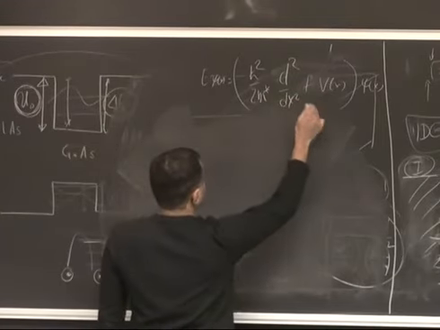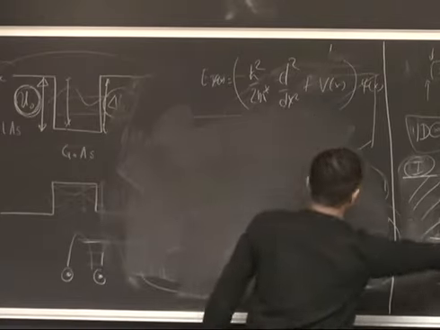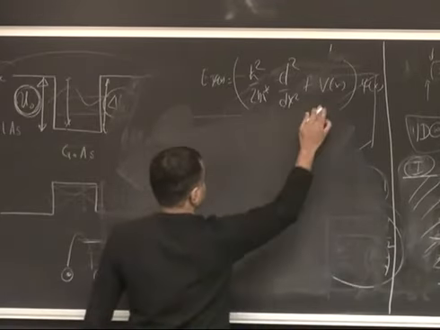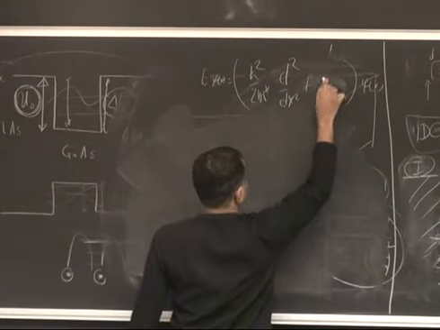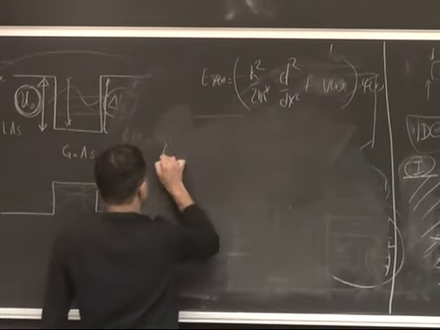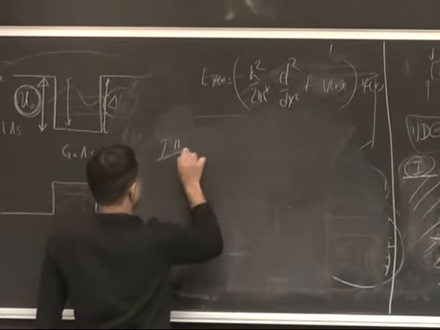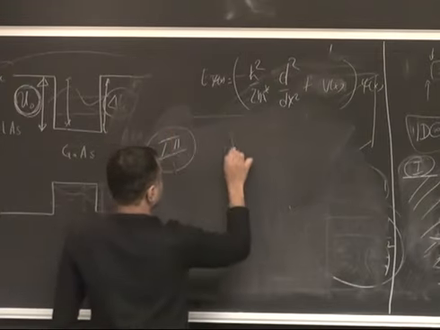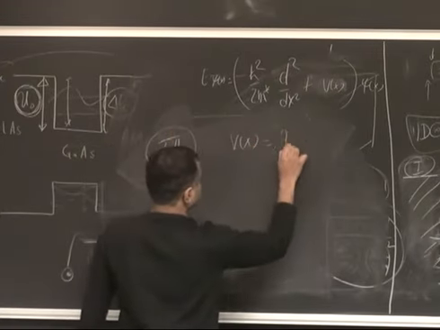So in regions 1 and 3, V of x is basically, let's say in region 3, V of x is U naught.